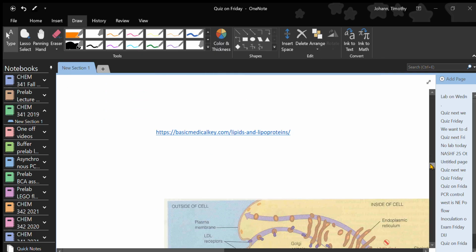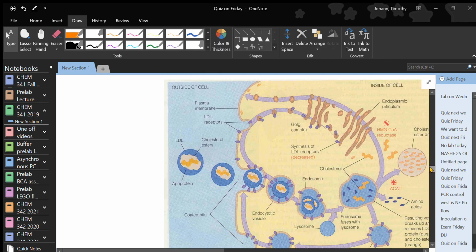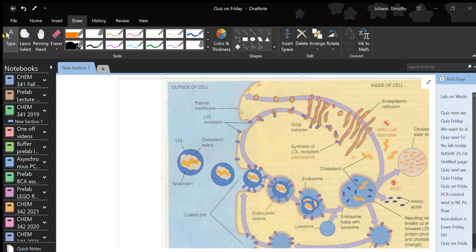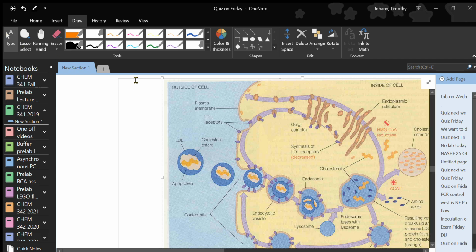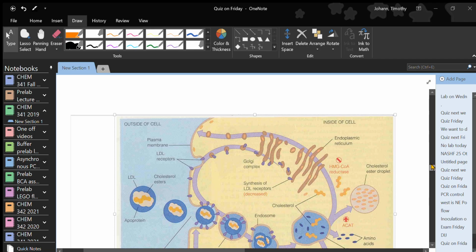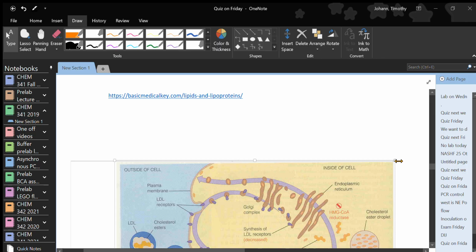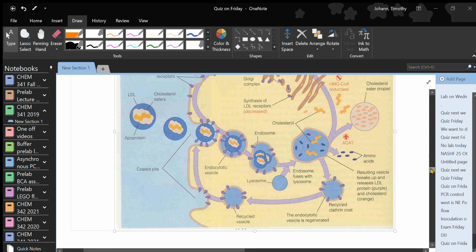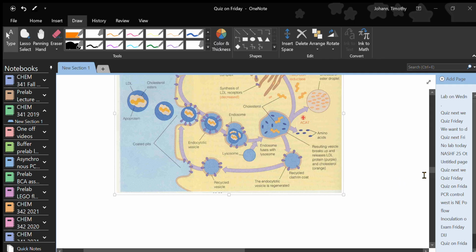All right, so let's go ahead. Here is an example where I could talk about some disease states where we have deficiencies in cholesterol metabolism, and the two main diseases are related to either taking up LDL.